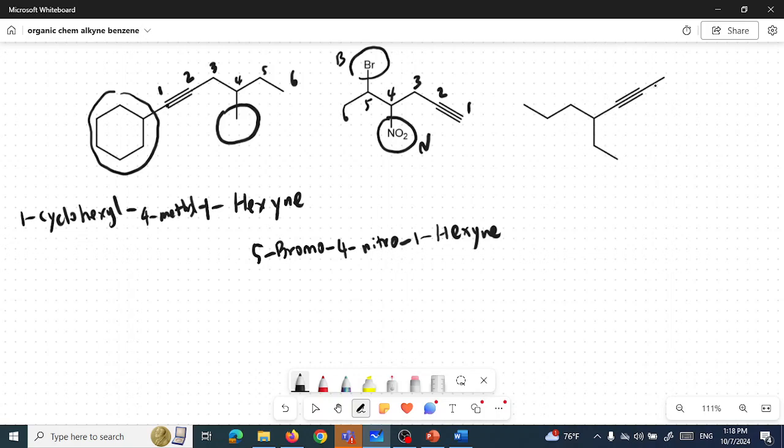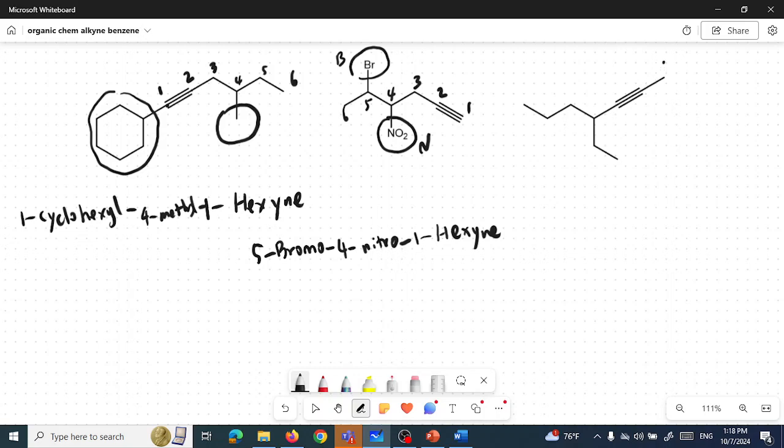We would always go for the longest one, which is this direction. And when we number the carbons, we would number the terminal carbon that's closer to the triple bond. So this is the end we're going to start. The other one is too far.